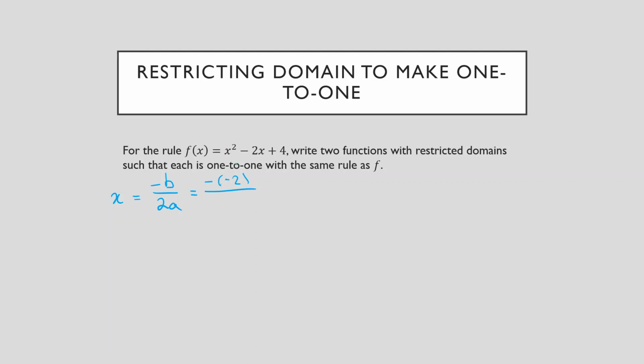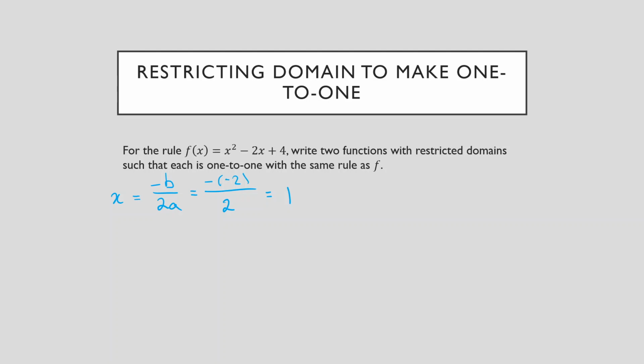A is 1, the coefficient of x squared, so 2 times 1 is 2. We have 2 divided by 2, which is 1. So the x coordinate of the turning point of the parabola is 1. And that's the point where we're going to split our domain into pieces.